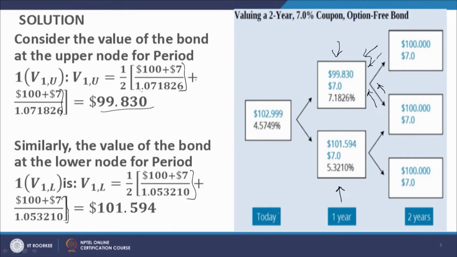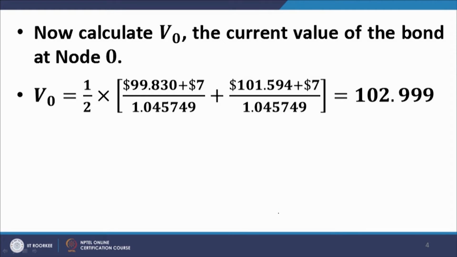However, in this case we have two different values. At the upper node, the value to be discounted is 99.83 plus of course the coupon payment of 7, and in the case of the lower node, the value to be discounted is 101.594 plus again the coupon of 7. The rate that is to be used in both cases turns out to be the same, that is 4.5749%. So, here is the working.